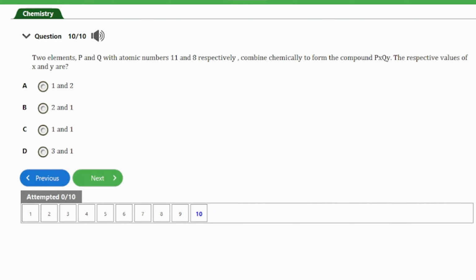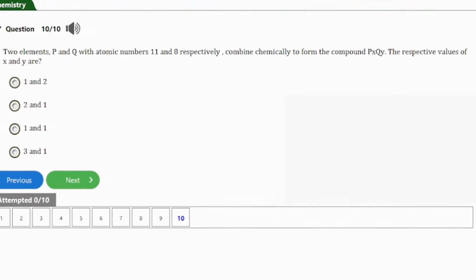Here the question is question number 10. Here it says 2 elements P and Q with atomic numbers 11 and 8 respectively combine chemically to form the compound PxQy. The respective values of x and y are, so guys, let's go ahead and zoom right into our workspace here and try to solve this together again.